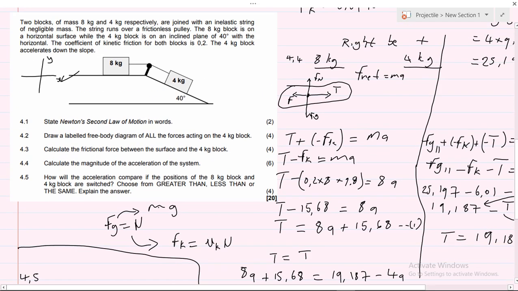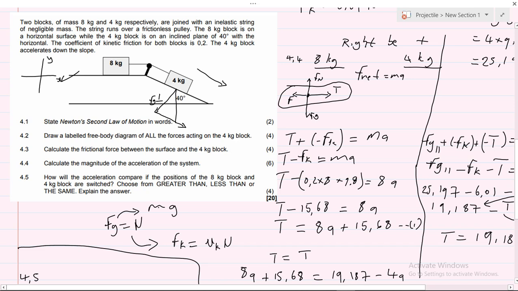The system is actually accelerating down the incline, even though no force is being applied. It means that the motion is greatly influenced by the parallel component of the 4 kg block. As we said, here we have Fg, this triangle has Fg perpendicular and Fg parallel.